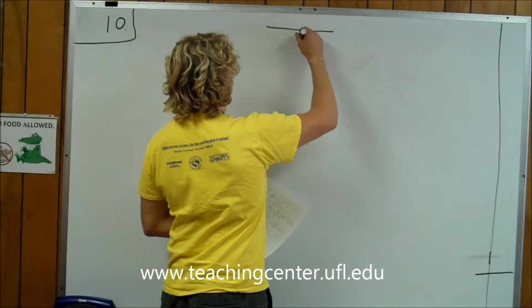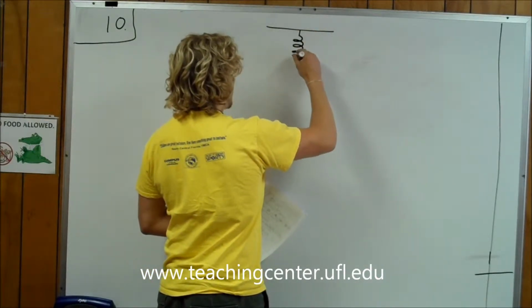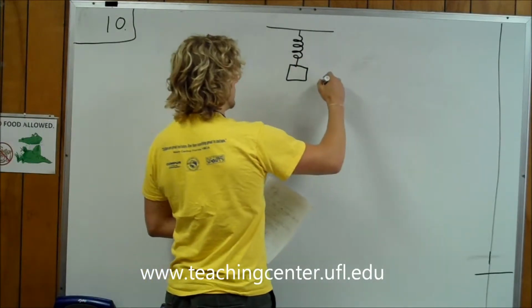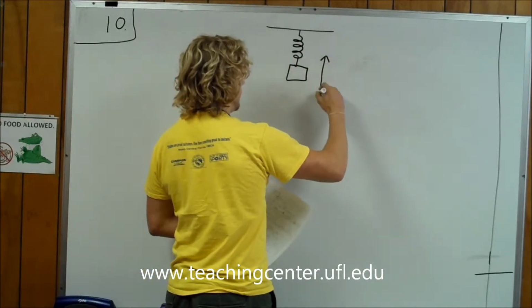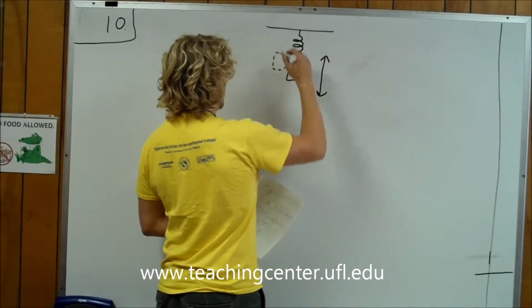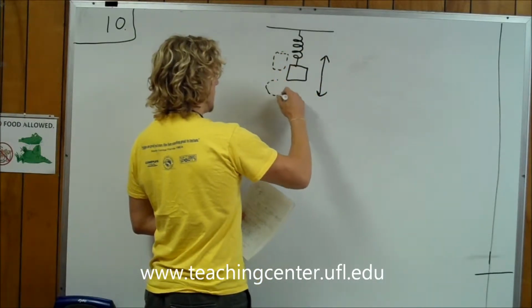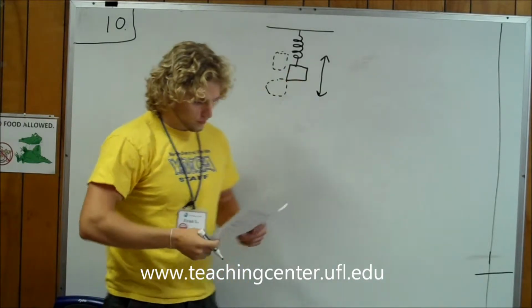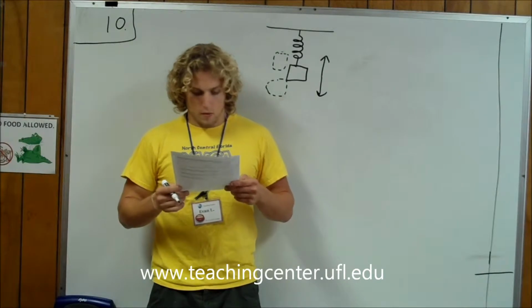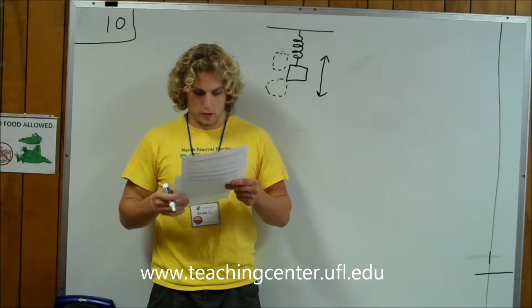So, you have a spring, and you have a weight, okay? And it's going up and down, so it goes up and down, spring. You can imagine that. Now, what are we looking for?